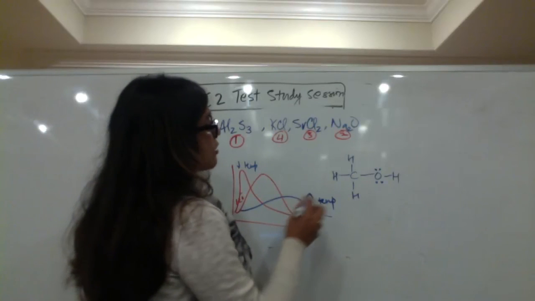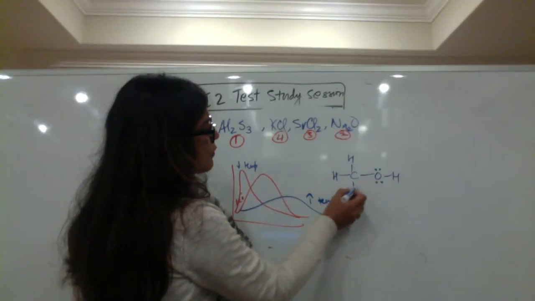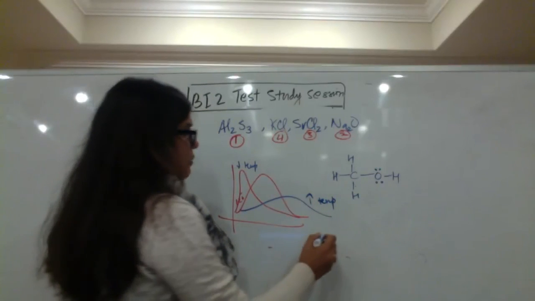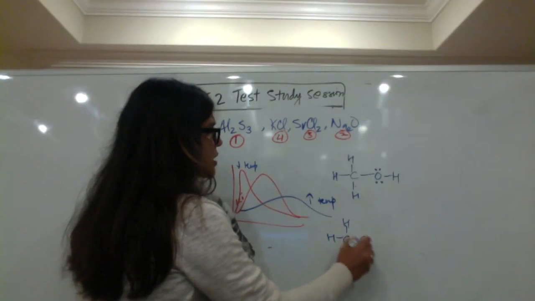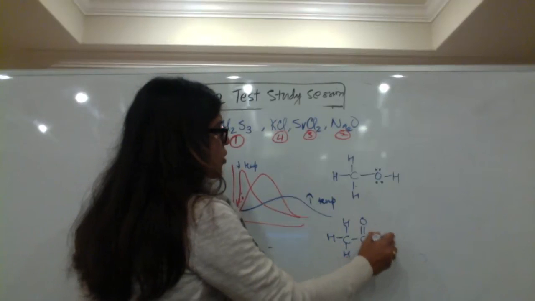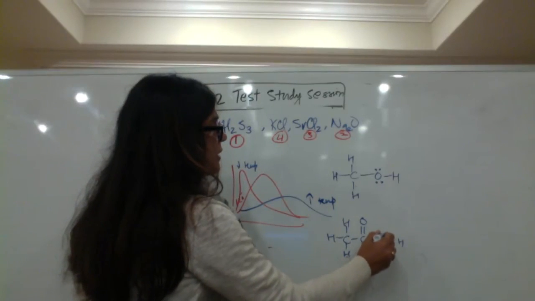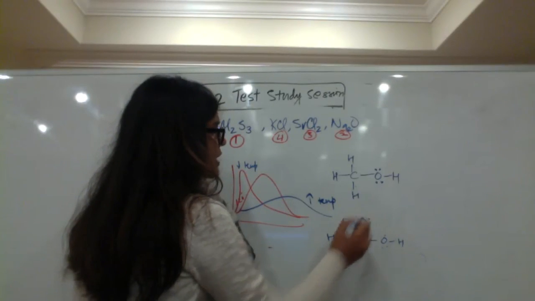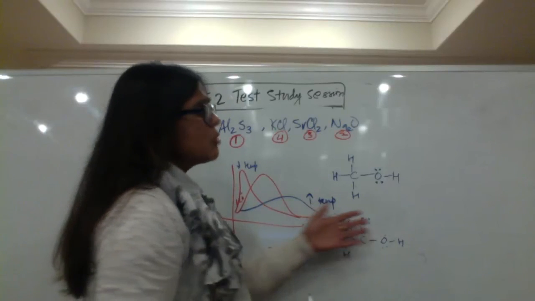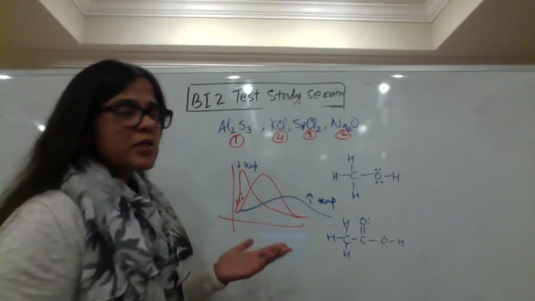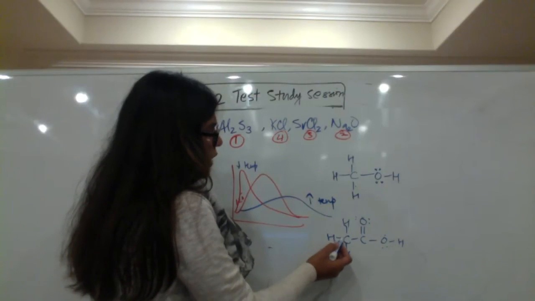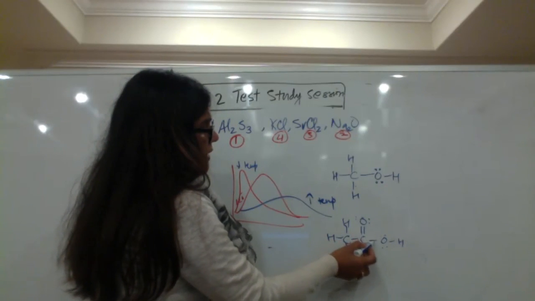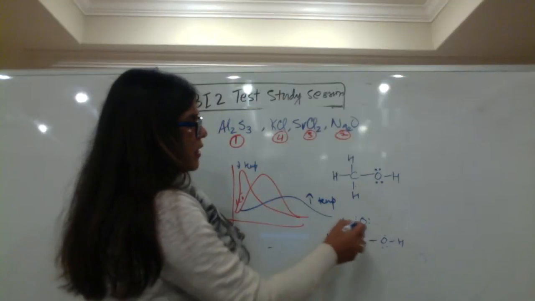So now when I'm counting sigma bonds, they are 1, 2, 3, 4, 5 sigma, no pi. But if I have CH3COOH, again, you must complete the octet before you start counting. It doesn't so much matter for sigma and pi, but it matters for hybridization or for geometries. So 1, 2, 3, 4, 5, 6, 7 sigma and 1 pi bond.